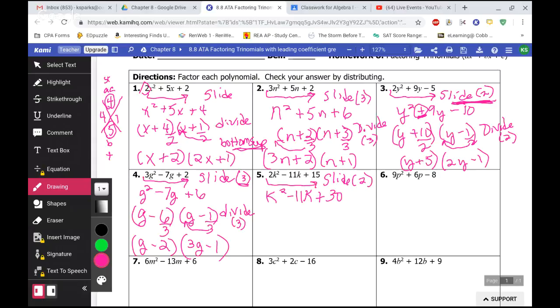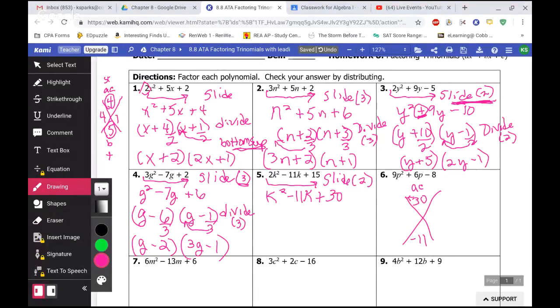So looking for two factors that multiply to give you 30, that when you combine them, give you a -11. So the 30 is positive, and the -11 is obviously negative. So that tells me that my two factors are both going to be negative, because the only way to get a positive result from multiplying is to multiply two positives or two negatives.